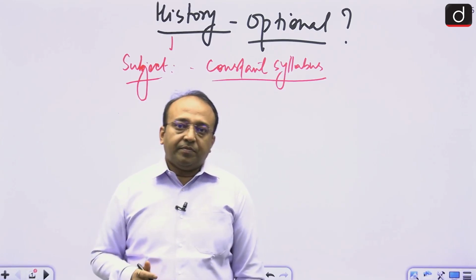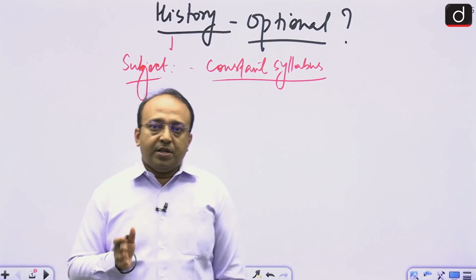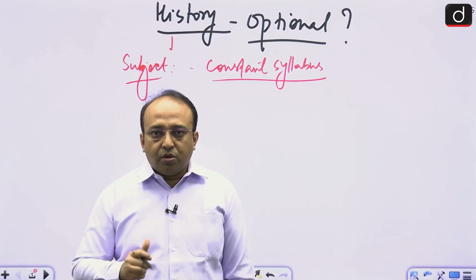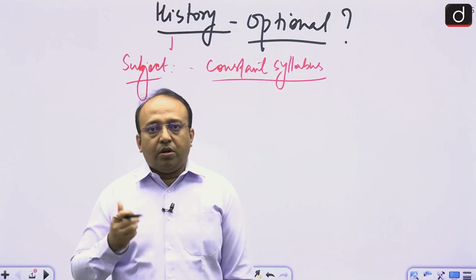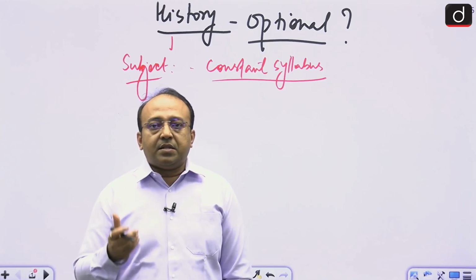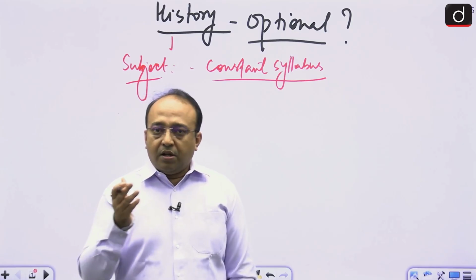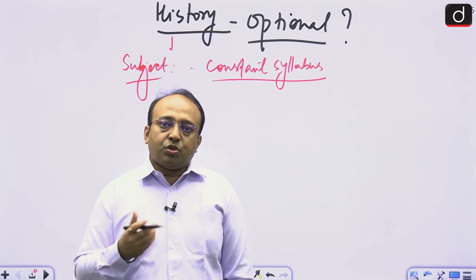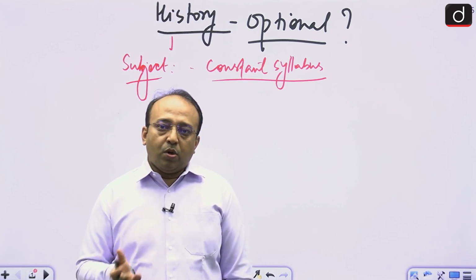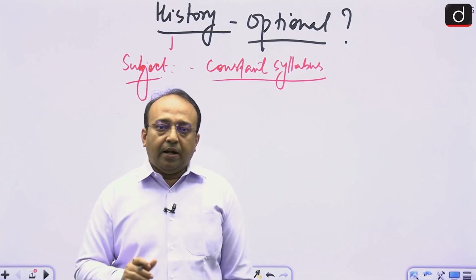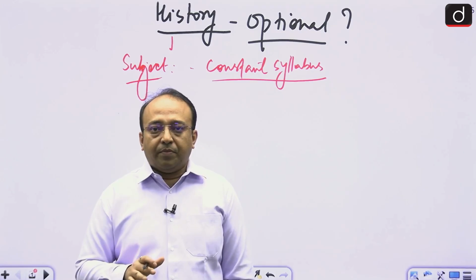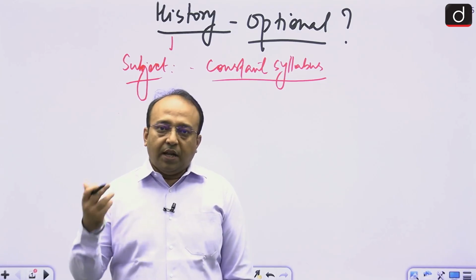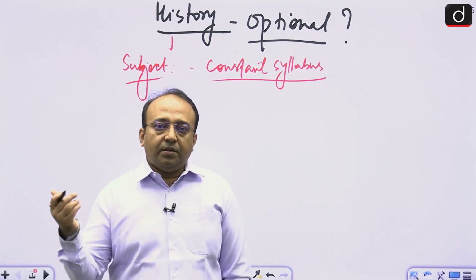Primarily speaking, as far as the history syllabus is concerned, for the IAS exam it is the most conducive, constant and consistent syllabus. Since it is conducive, constant and consistent, it helps students prepare it in one go, and once it is done, they have no burden in terms of updating, improving, or collecting information from the current domain.